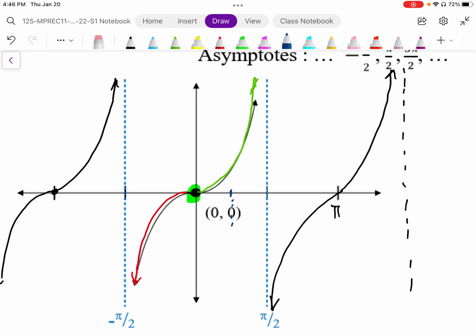Okay, so at 45 degrees, or pi over 4, we know that the slope is 1. So we go 1 pi over 4 over, the y value is going to be 1. If we go in the negative direction, negative pi over 4, the slope is going to be negative 1. So that slope value there is going to be at negative 1. So that's another reference that we can use.